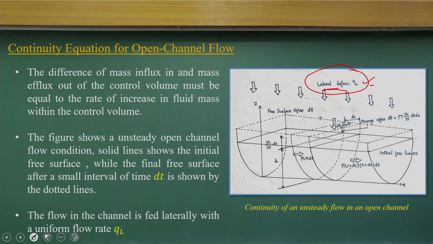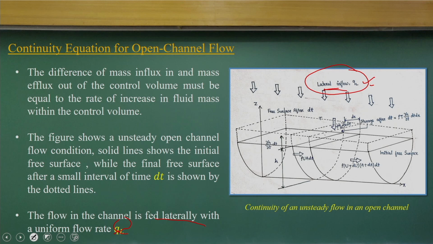There is a QL amount of lateral flow, fed laterally at a uniform rate. This is a quite simplified assumption that QL doesn't vary with time, but we can do it. But let us consider that within this control volume the Q is more or less uniform.